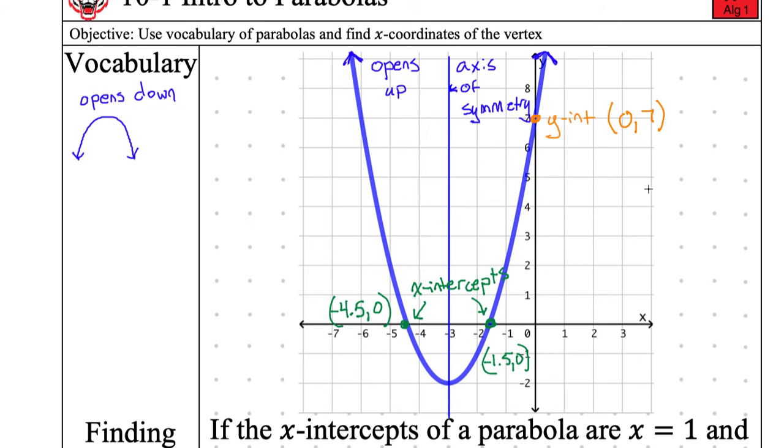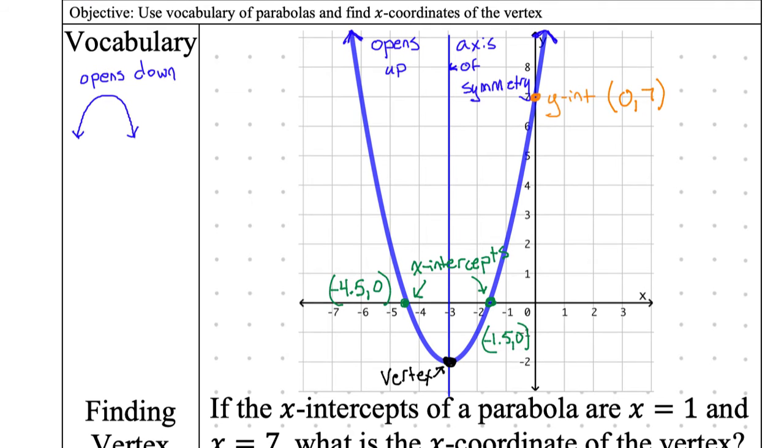The other point that we want to talk about is the vertex. It's probably the most important point when you're talking about parabolas. It's like the tip, the very end of the parabola. Where does it turn around? So that is called the vertex. And the vertex is obviously special because if I move the vertex left or right, it'll move the entire graph left or right.